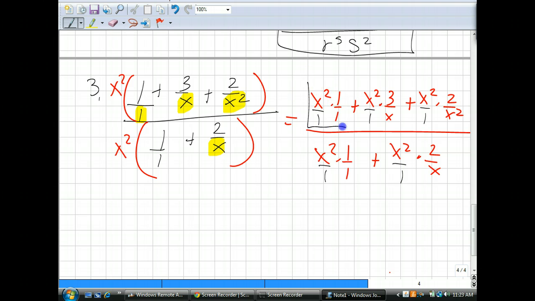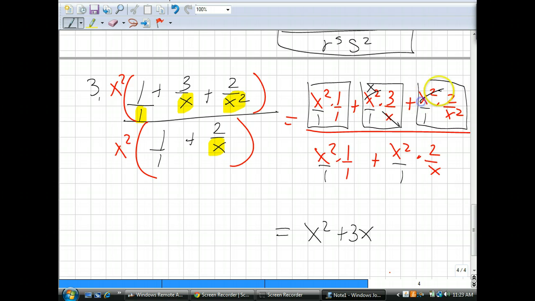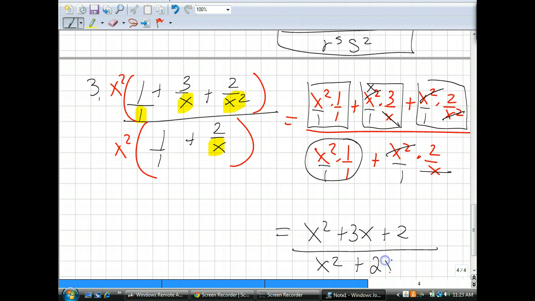Alright, then coming back to this, nothing reduces, so it just leaves me x squared. Then coming to this one, this x reduces with this and just leaves me an x, so that's plus 3x. Then coming here, this reduces with this, so that leaves me a plus 2. In the denominator, I just get x squared, plus this reduces with this, gives me 2x.